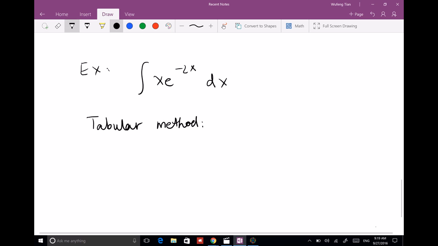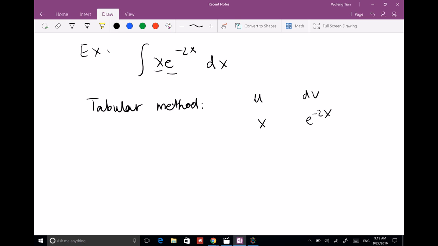Okay. With the tabular method, you let u equals x. This is dv. dv is e to negative 2x. For u, you take the derivative.